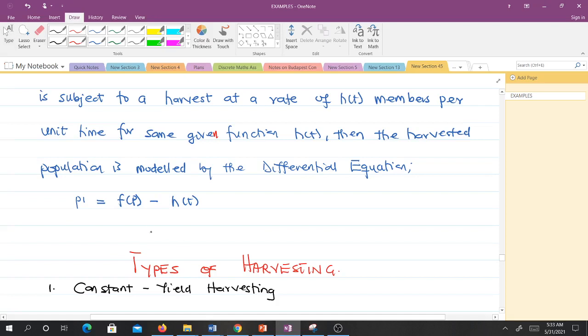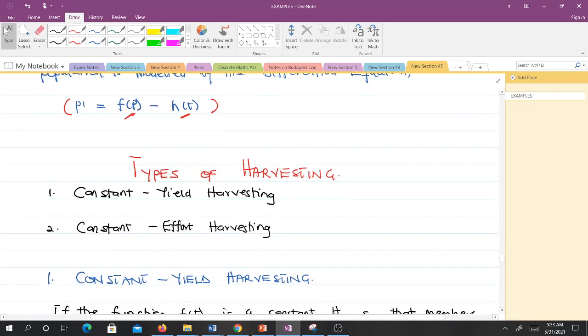This is the population and this is what we are taking out of it. We have two types of harvesting: constant yield harvesting and constant effort harvesting. We will talk about what the two of them mean, and about their equations, and also analyze them.